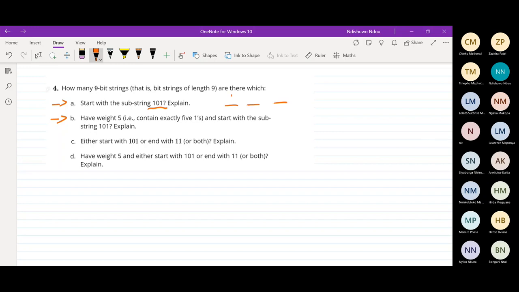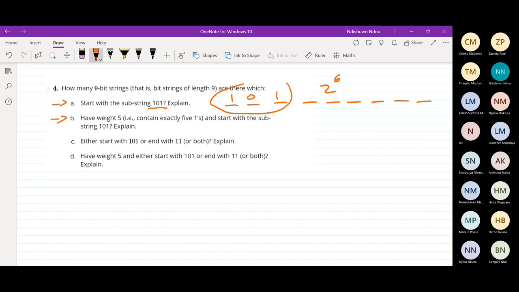Then we're only left with 6, and we choose either 1 or 0 for each. So it will be 2 multiplied by 2 multiplied by 2, basically 2 to the power of 6.